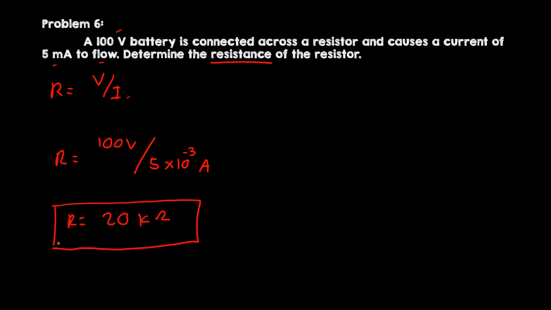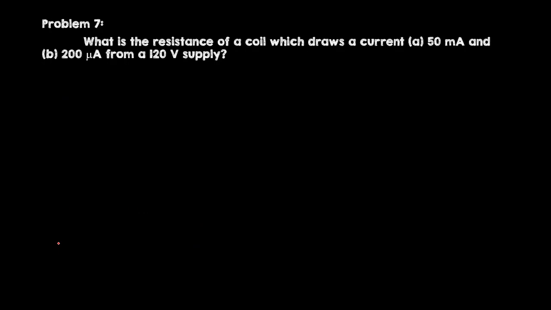Let's proceed to problem number 7. What is the resistance of a coil which draws a current of A, 50 milliamperes and B, 20 microamperes from a 120 volt supply? For A, we have a current of 50 milliamperes or 50 times 10 raised to negative 3 amperes.